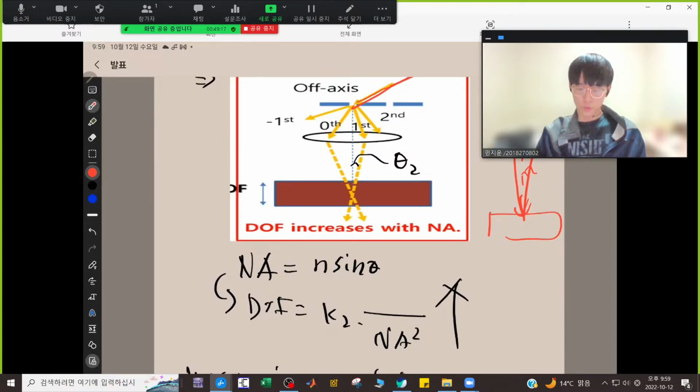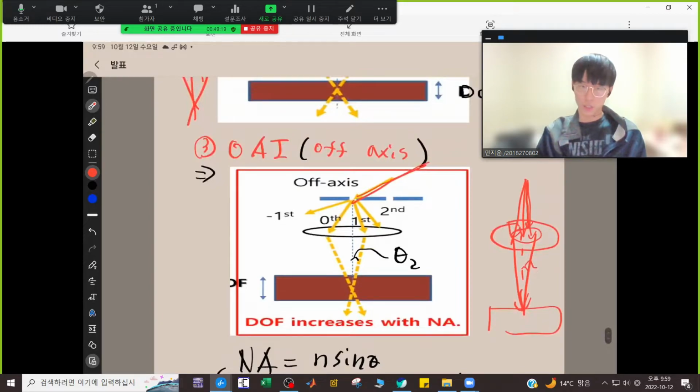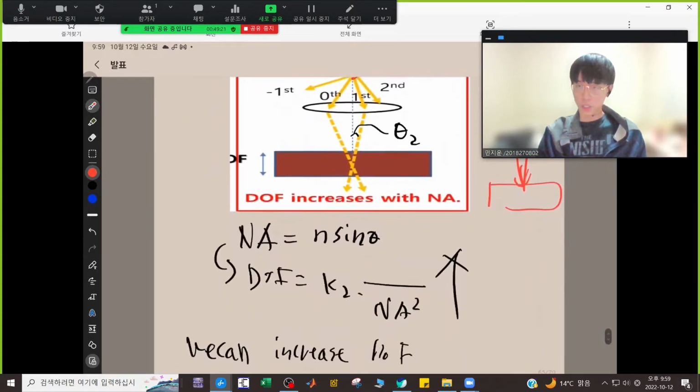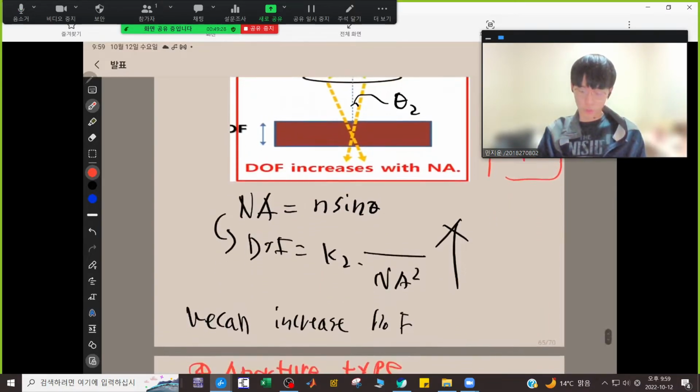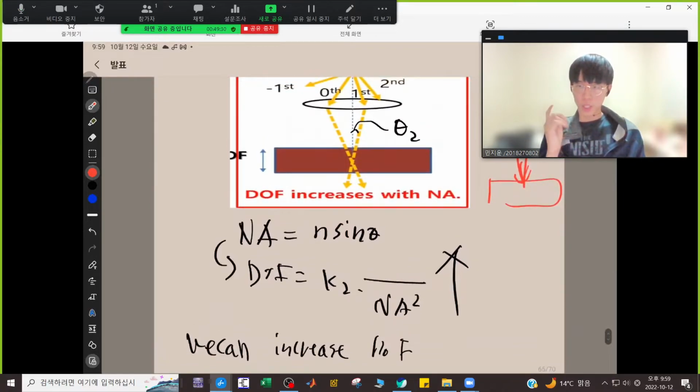But if we use off-axis illumination, then we can solve this trade-off relationship, because we can get a good depth of focus without controlling the numerical aperture.